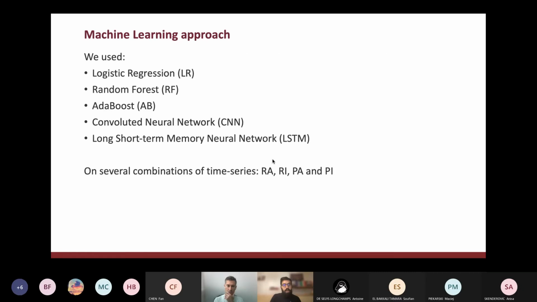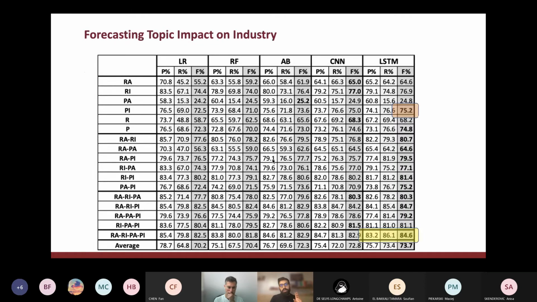We use several models: logistic regression, random forest, AdaBoost, convolutional neural network, and long short-term memory neural networks. We use several combinations of signals. We initially used research papers in academia, research papers in industry, patents in academia, patents in industry, and then other combinations. And from this table, you see all five approaches.